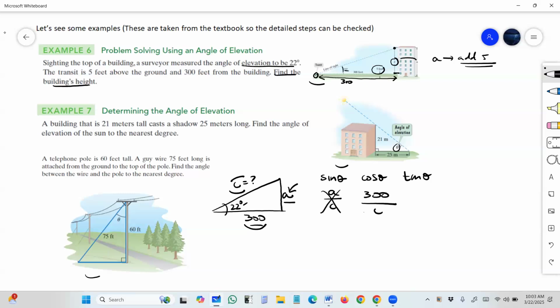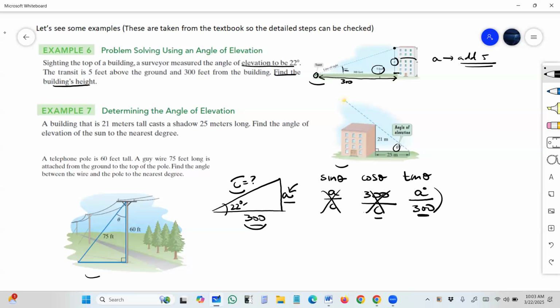Tangent is opposite over adjacent. This involves something that I want, and I have the 300. And cosine doesn't work either because I don't have C. I could find C, but then I still have to find A, so that doesn't really help me.